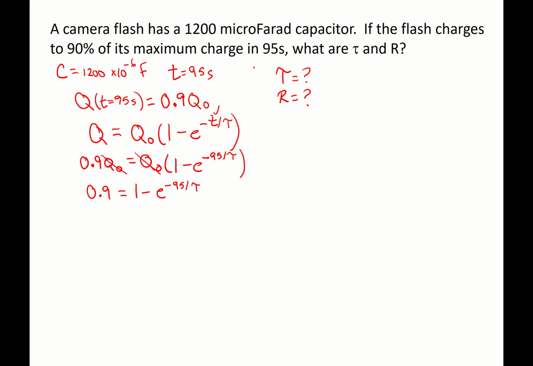I want to get the exponential on one side all by itself, so I'll add it over to that side, and then subtract the 0.9. So e to the minus 95 over tau is equal to 1 minus 0.9, which is 0.1.